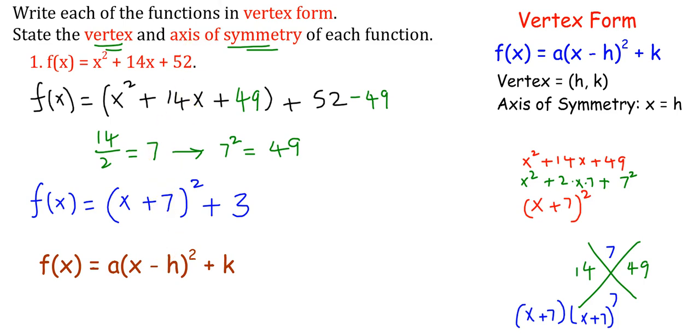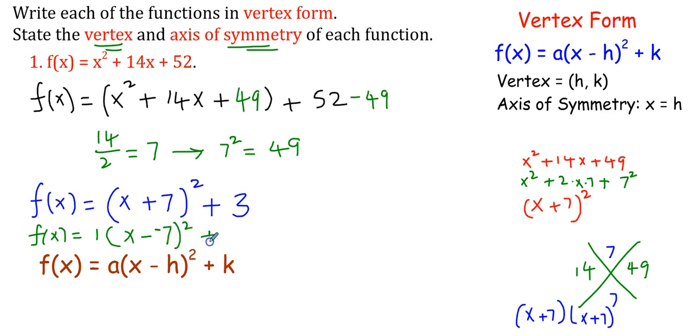I will write this as f of x is equal to, even though there is no a here, I can write 1 times (x minus, actually I need a positive 7, plus 7) so I'll write x minus negative 7 whole square.